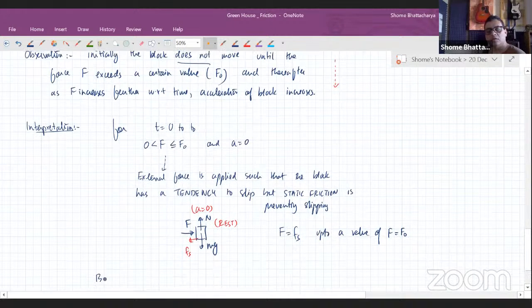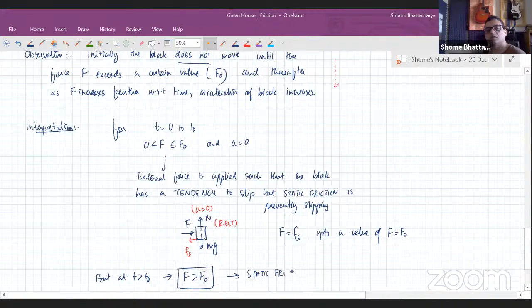But at t greater than t naught, what is happening? Our external force is becoming greater than F naught. So the moment that happens, static friction is unable to prevent slipping.